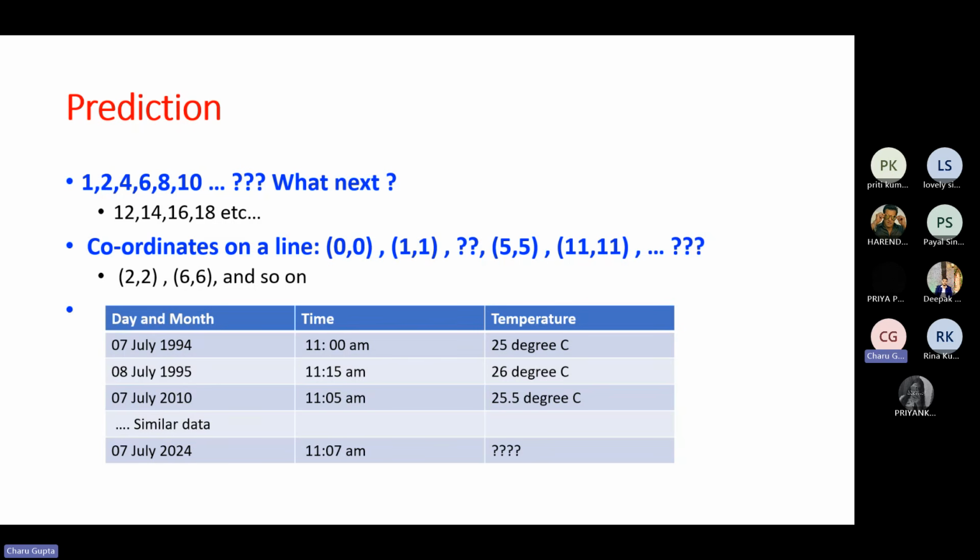ठीक है, looking at the past data, 7th of July 94, 7th, 95, 2010, for the last 30, 40 years, 7 जुलाई को 11 बजे के टाइम के आसपास क्या टेम्परेचर था, I can easily predict. This is how the forecasting industry is doing. They predict, but they predict using the data also, and they predict using the sensors also. ठीक है, different geography, different weather conditions as well as sensors also. ऐसा नहीं है कि पिछले 10 साल से 7 जुलाई को अगर 25 डिग्री टेम्परेचर है तो आज भी 25 डिग्री होगा.